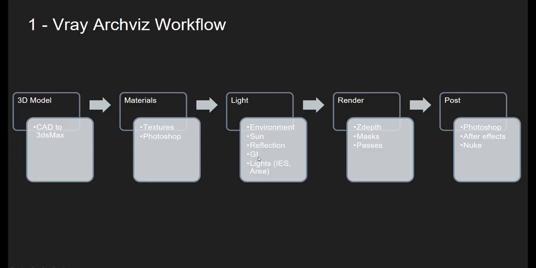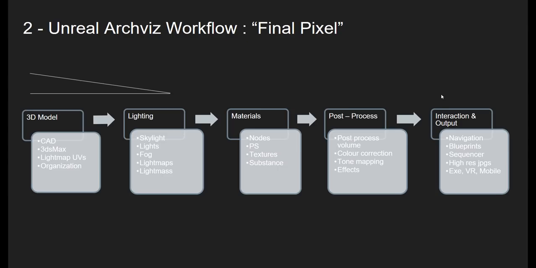In the case of V-Ray, we use our area lights, our environment, sun, skylights, and so on, image-based lighting, GI, and that's all within the tools provided by V-Ray, and then we render that out. And we create our masks, passes, Z depth, and so on, and then we do the post-production in Photoshop or After Effects if we're doing animations. So that's all very familiar, and we will take that over into Unreal.